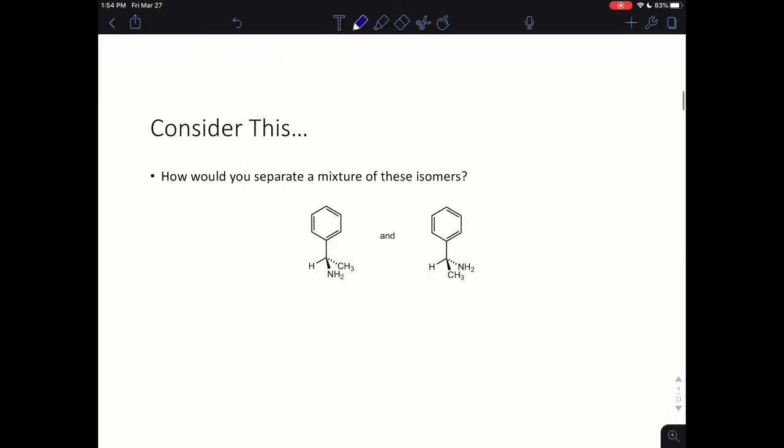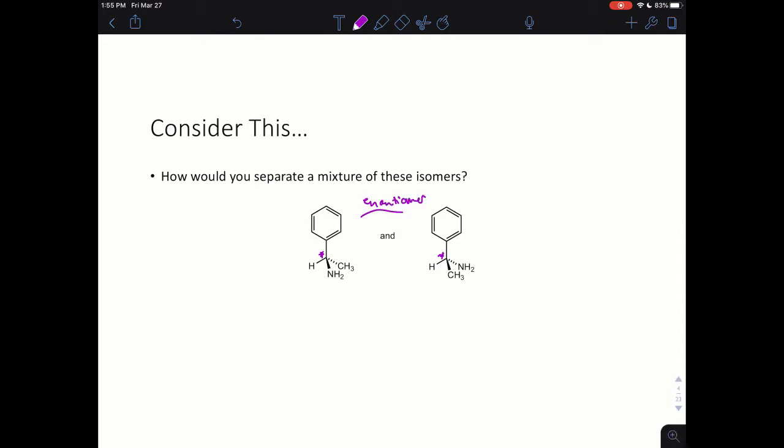All right, keeping those principles in mind, how might you separate a mixture of these isomers in lab? Well, perhaps the first thing that you should do is think about the relationship between these two molecules. And these two molecules are enantiomers of one another.